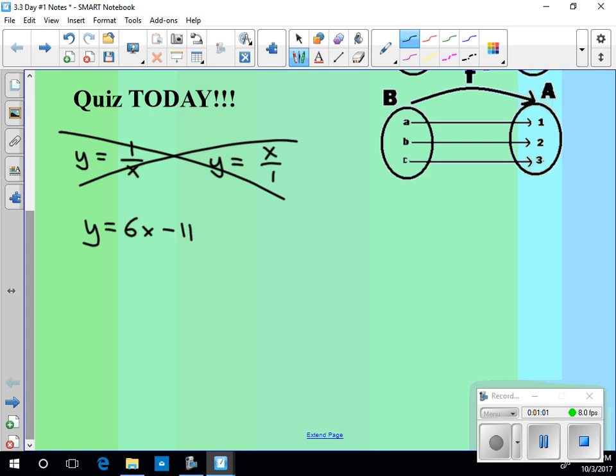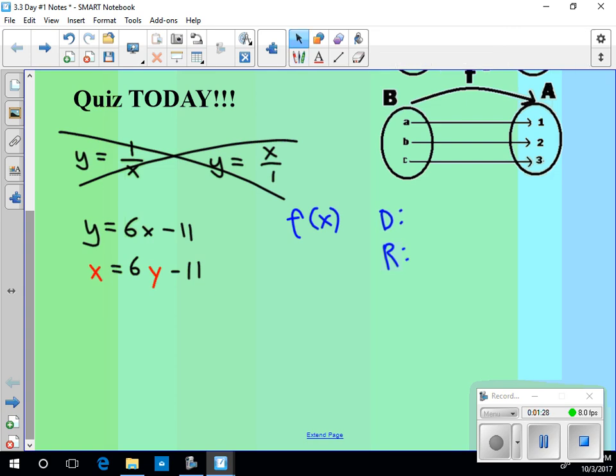In order for me to find the inverse of that function, I'm going to switch x and y. And here's why we're going to do that. Because with inverses, let's say we have f of x, and it has a domain and a range.